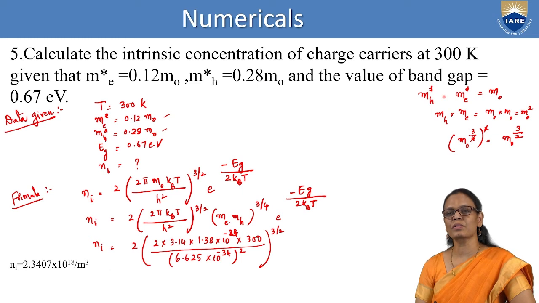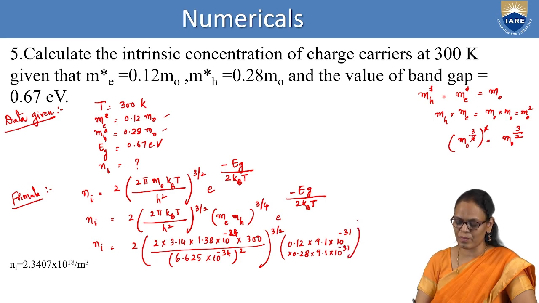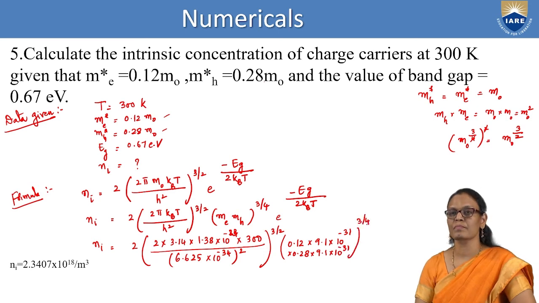We are going to substitute the values of Me and MH. Me is equal to 0.12 into M naught. M naught is the rest mass, 9.1 into 10 power minus 31, into 0.28 into M naught, 9.1 into 10 power minus 31, whole power 3 by 4.